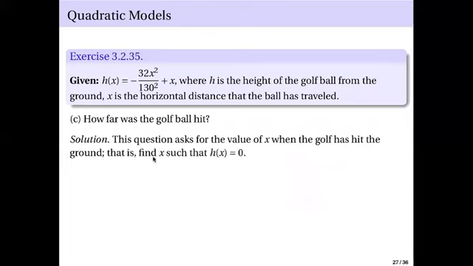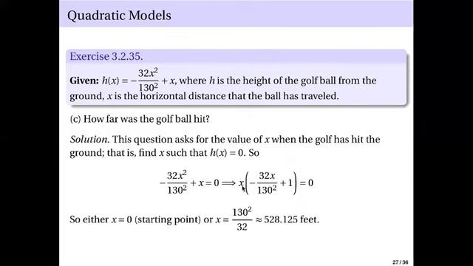That is, we need to find the x such that h of x is equal to 0. So we have this equation here: negative 32x squared over 130 squared plus x equals 0. If we factor x, we will have negative 32x over 130 squared plus 1 equals 0.